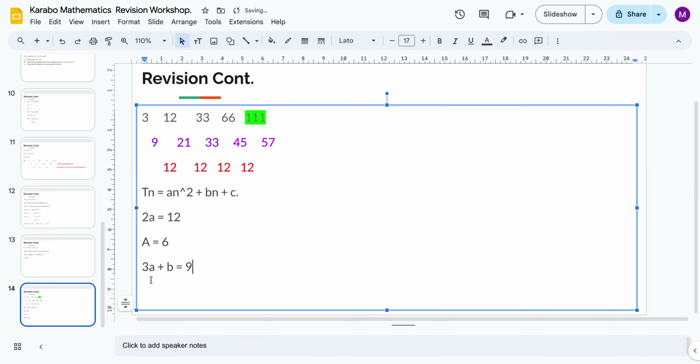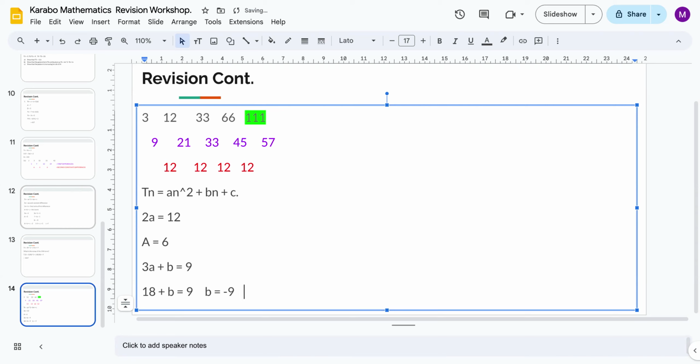But I already know what the a value is, which is 6. So subs in the 6 into the a there to get that 18 plus b is equal to 9. And that enables me to work out my b value. And b will simply be 9 minus 18, which is just minus 9. So b is equal to minus 9.